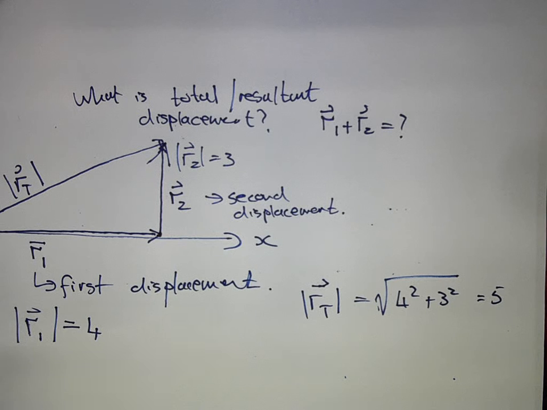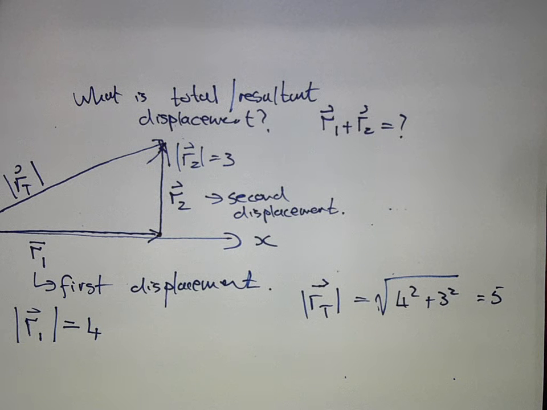So if we add vectors, we need to take into account that they've got direction. So the rules of addition and subtraction and multiplication for vectors are slightly different than they are for regular numbers. And if there's anything I want you to remember from today, it's that when you're writing a test, make sure that what you are working with is either a vector or a number.